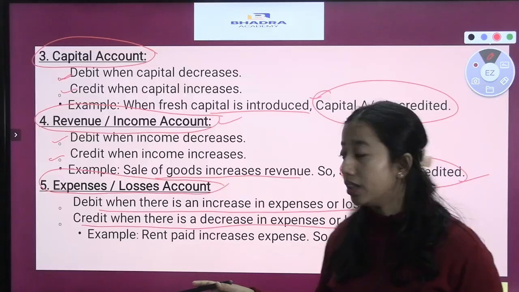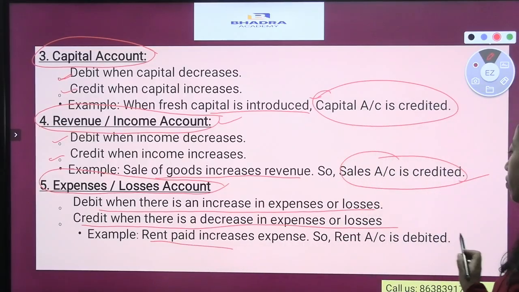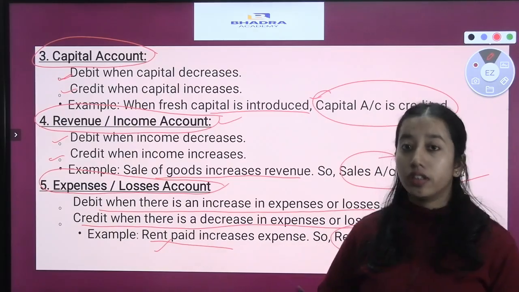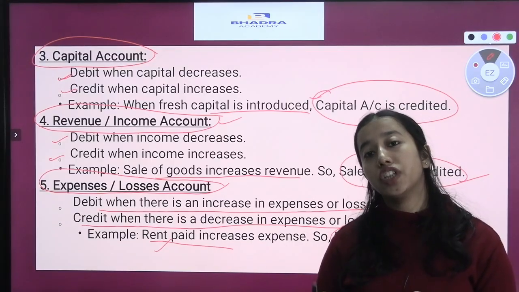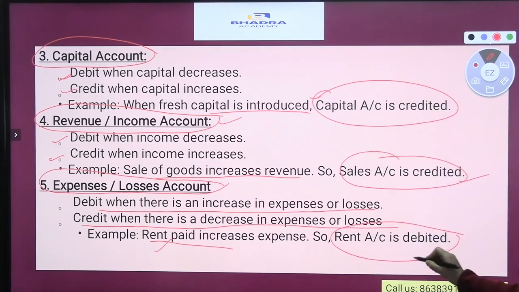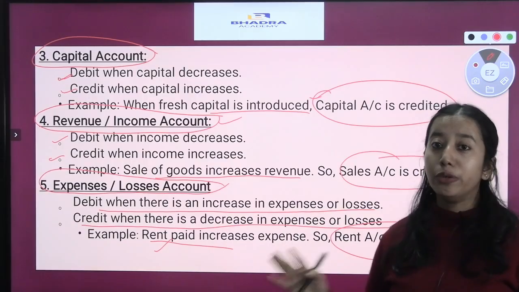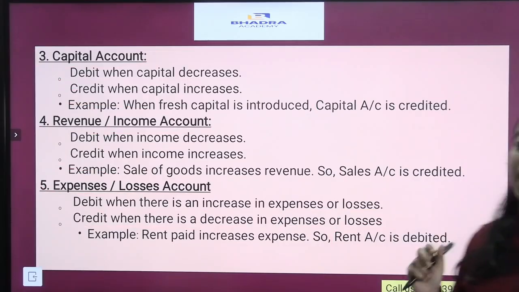The example is rent paid increases an expense, so the rent account is debited. Rent is an expense for the business and it has increased, so we debit the rent account. So these were the rules of the accounts that we maintain under the American approach.